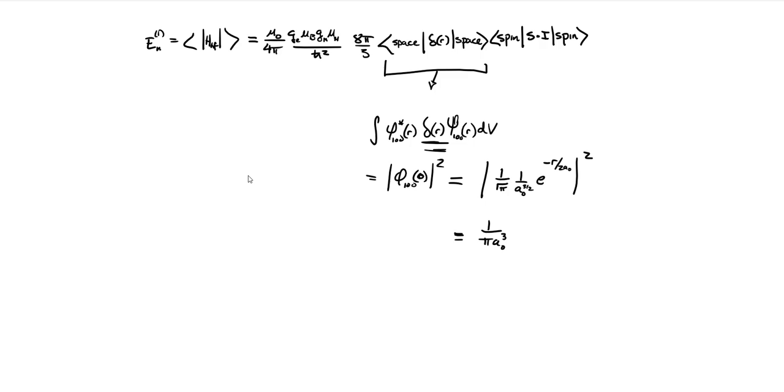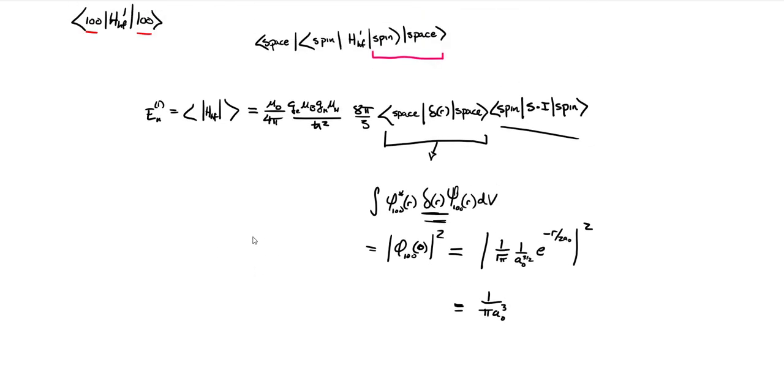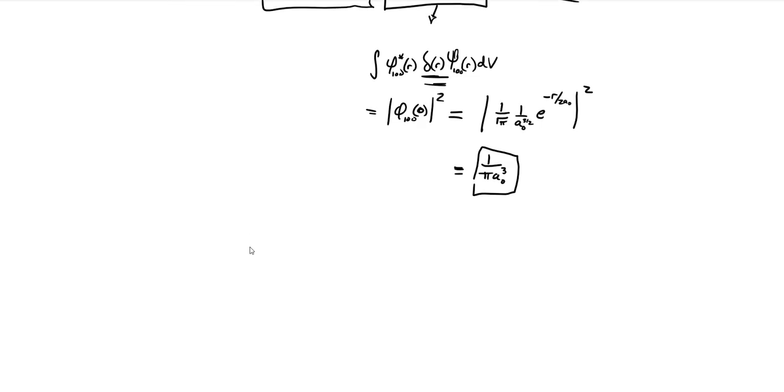The only thing we have left to do is consider the spin part over here. So where does that put us, right? If we just add this to this group of constants here, we'll call that whole thing A. We have our hyperfine interaction, which can be written as just A over h bar squared, S dot I, where S and I are the spin operators for the electron and the nucleus.